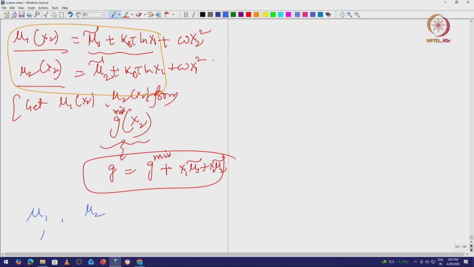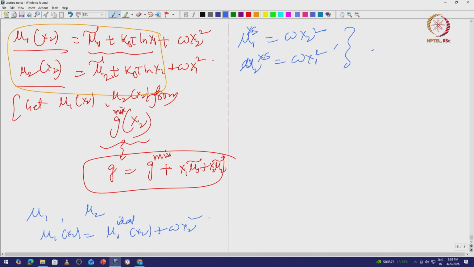So, mu1 of x2 is equal to mu1 ideal of x2 plus omega x2 squared. I can just say mu1 excess is equal to omega x2 squared and mu2 excess is equal to omega x1 squared. This is the excess compared to the ideal solution.